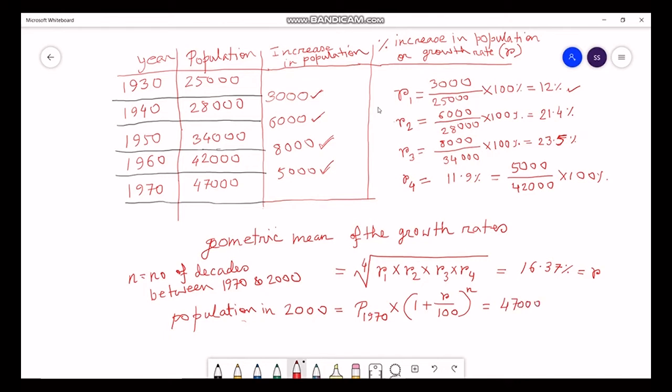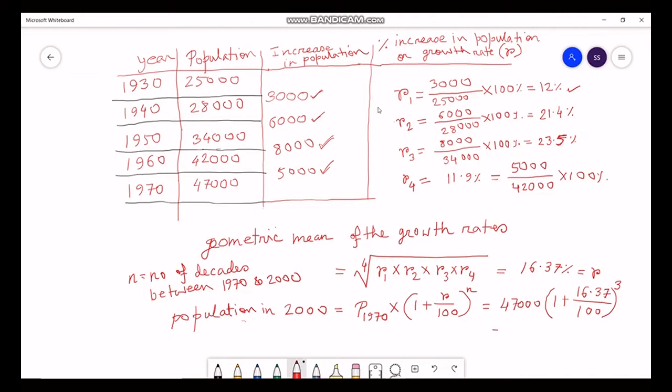47,000, that is the population of 1970, times 1 plus 16.37 by 100 whole to the power 3, as the number of decades between 1970 and 2000 is 3.